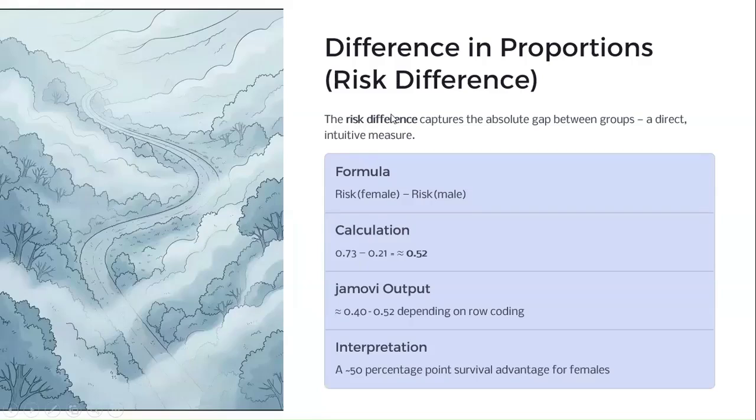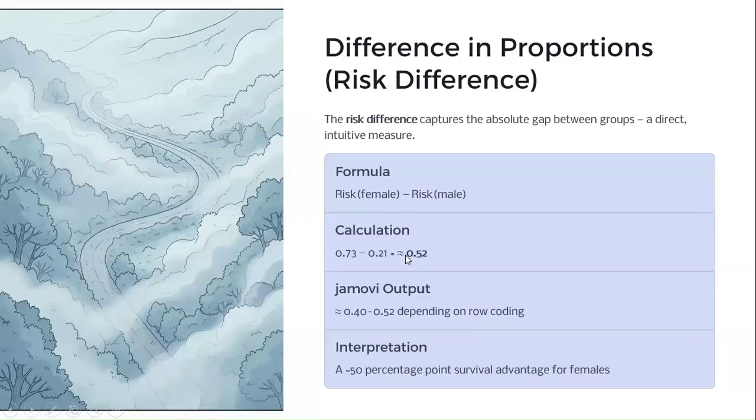Next is difference in proportions, which is also called risk difference. It is the risk in one group minus the risk in another group. Using our simple calculation, survival risk for females is 0.73 and for males it is about 0.21, giving a difference of approximately 0.52.